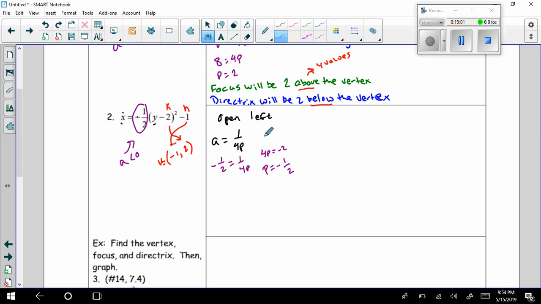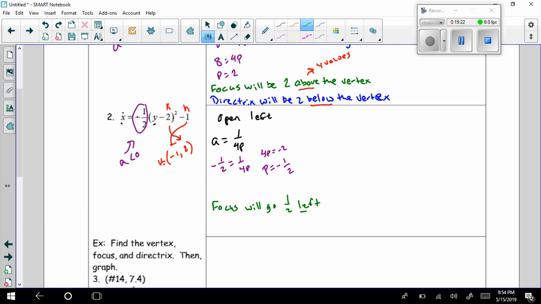So a little bit harder to graph, but that means that the focus will go 1/2 left. All right, you don't need to put negative 1/2 because you're not going to be moving negative in the left direction.